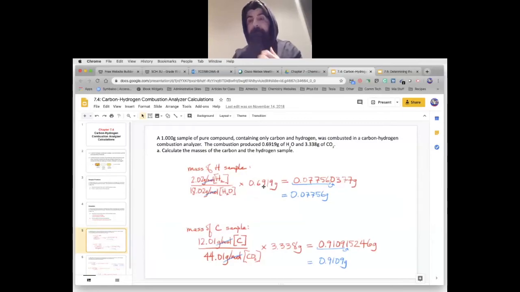And to do that, we look up, well, in all of water, we've got a molar mass of 18.02 grams. Of that 18.02 grams, we've got 2.02 grams of that being hydrogen.